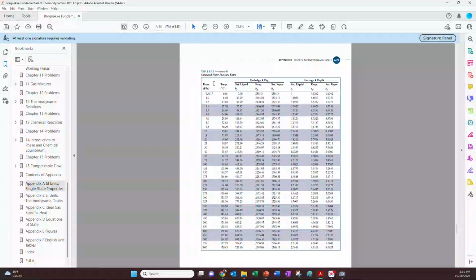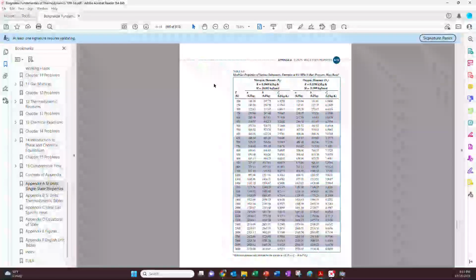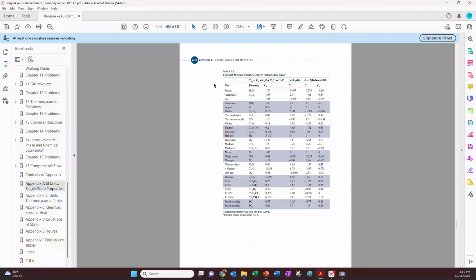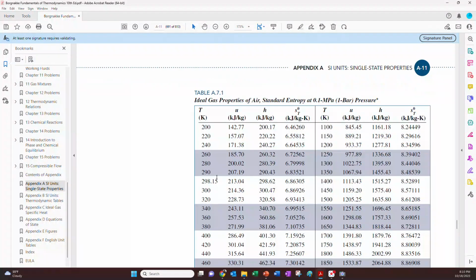Go to A1. Oh, what did I say? I think it's A7. A7? Here, A7. Boom. So we said the inlet is 280. So we want so close to being 280 itself. h1 is 280.39 kilojoules per kilogram.